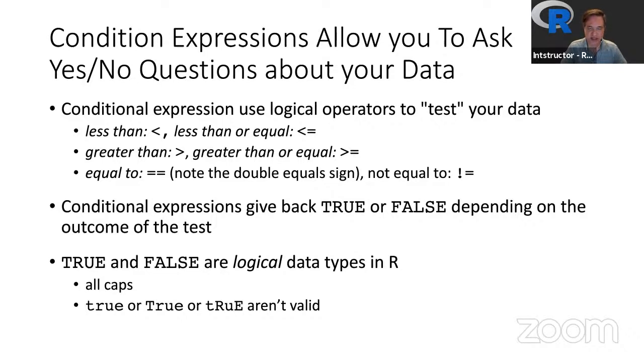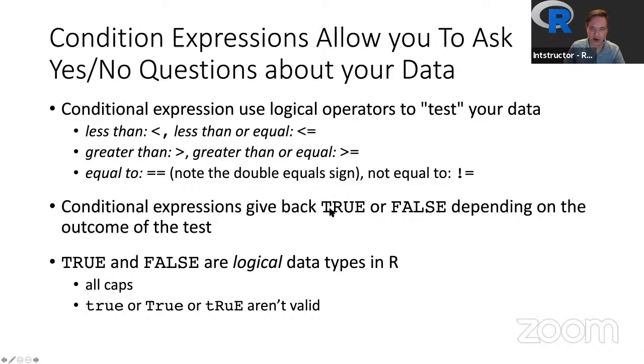But remember, a conditional expression asks a yes/no question. So the answer to a conditional expression should essentially be yes or no. Or actually, in the language of R, we're going to give back a TRUE, which is a yes answer, or a FALSE. So was this expression true or was it false? These return logical data types. These are different than numbers. These are TRUE and FALSE, meaning yes and no. And in R, very important, we have to be careful with the syntax.